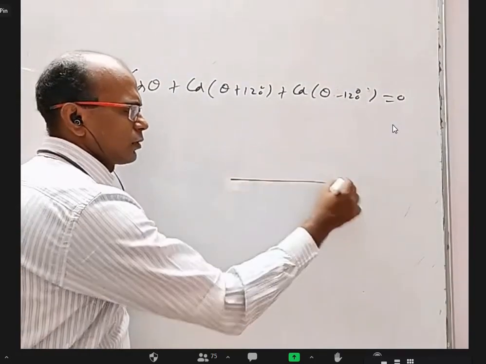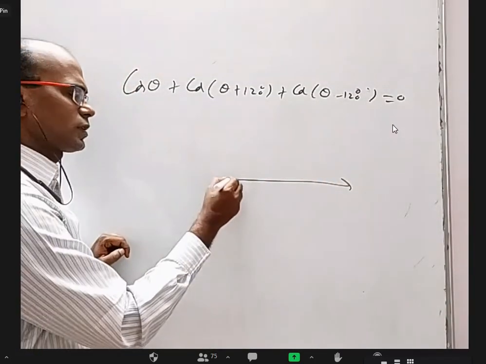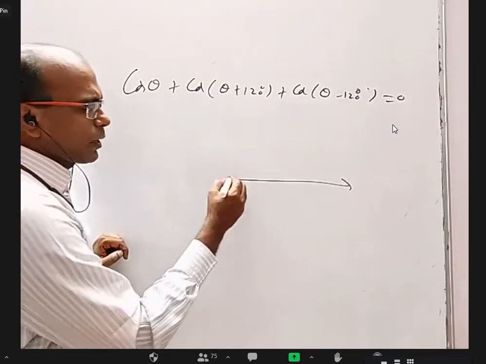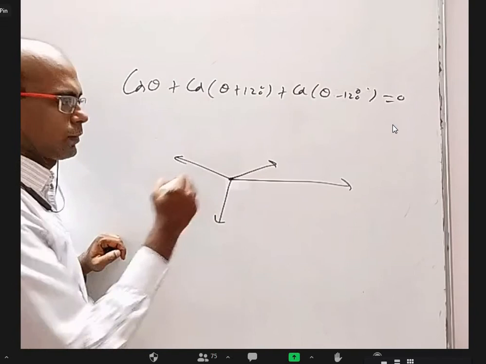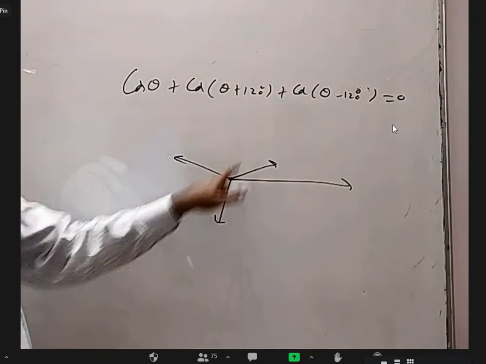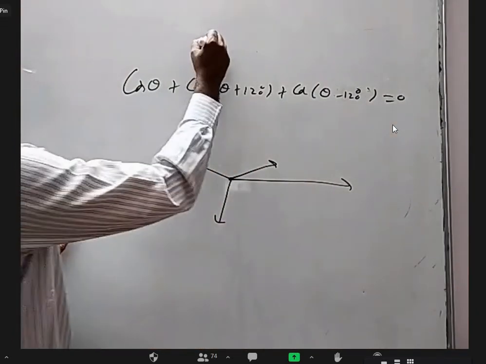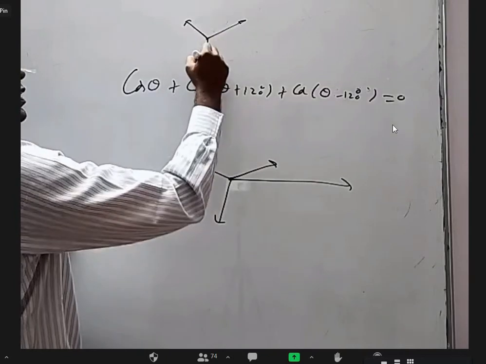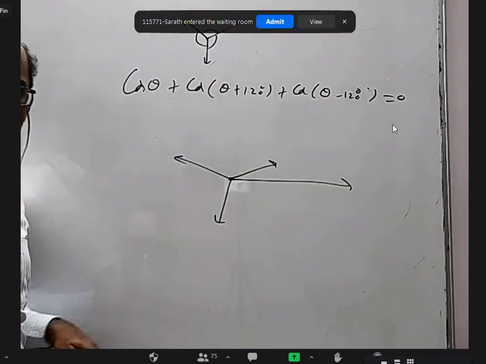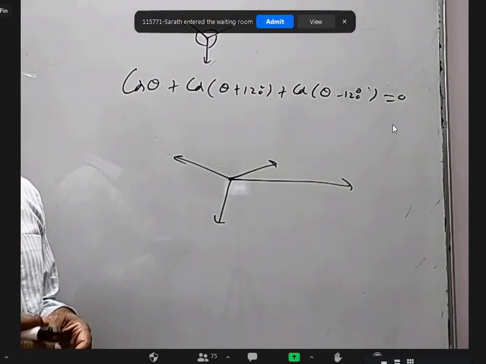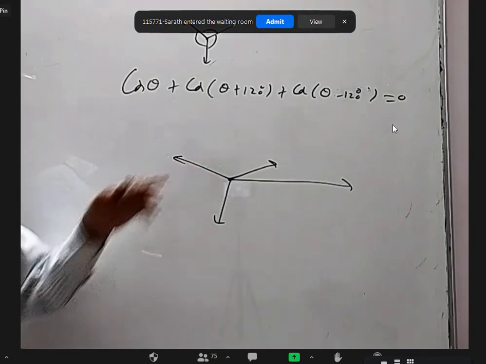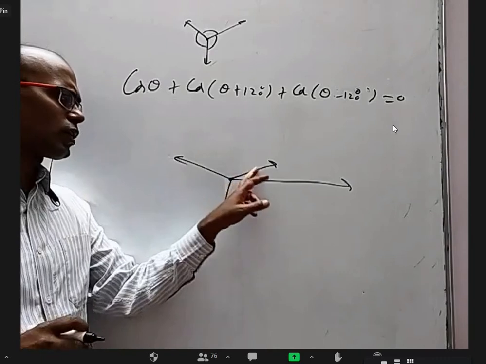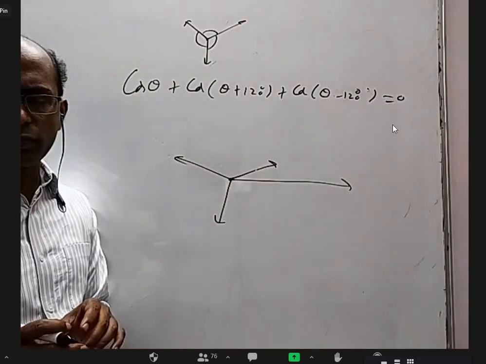This is the positive x-axis. This is a particle. Let us say I'm applying 3 forces like this, all with equal angles, 120, 120, 120. Will the net force be 0? Yes, sir. If net force is 0, can I say the sum of the horizontal components of all these 3 forces will be 0?